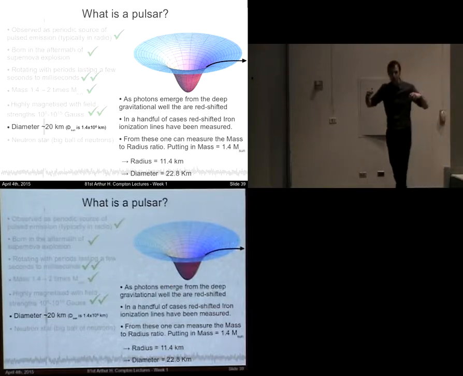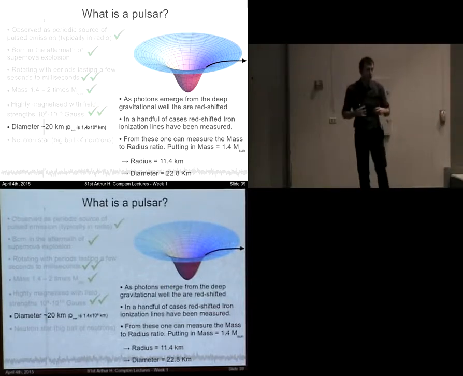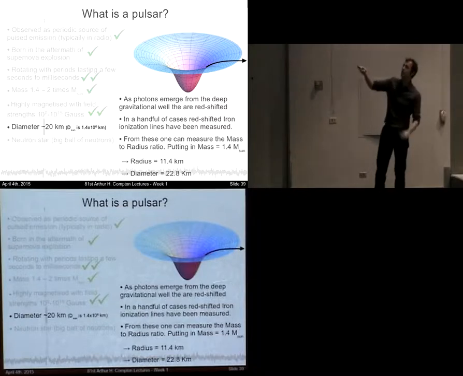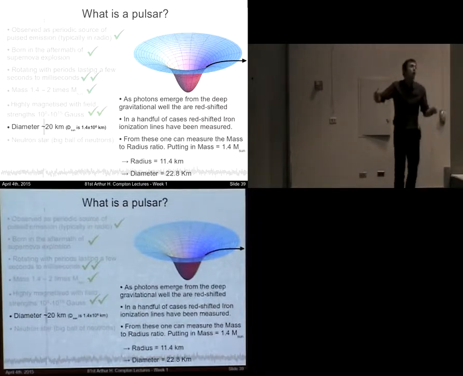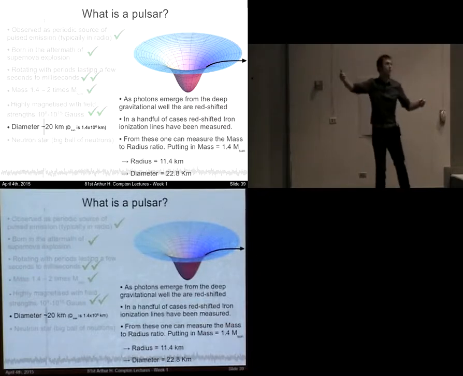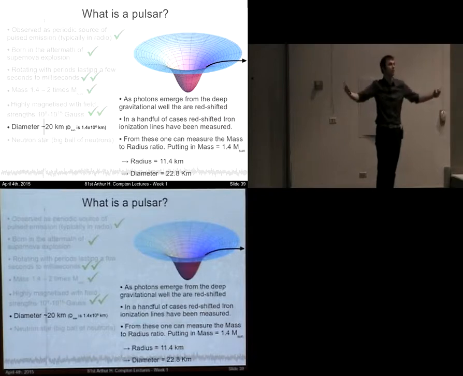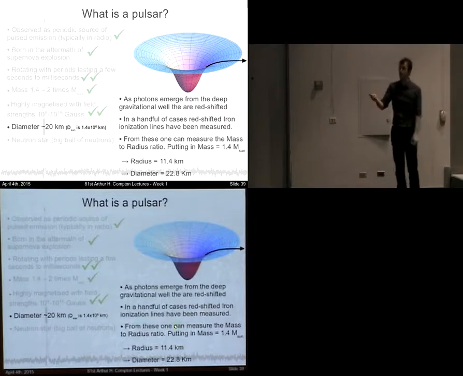Because the neutron star is so dense, it actually warps the space-time around it. And so a photon which emerges in this space-time is going to know that the space-time is warped, and as it emerges, the frequency of the photon changes. This is called gravitational redshift.